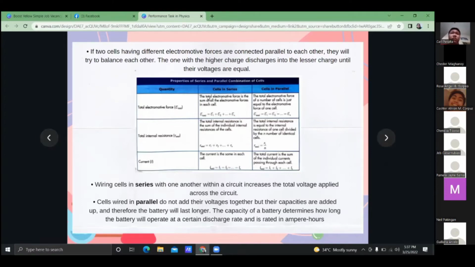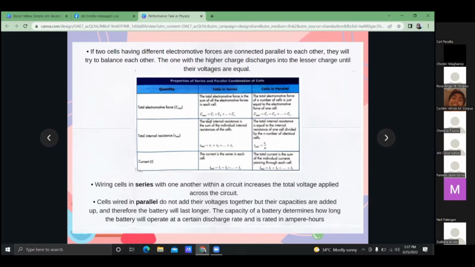So in the table, we have properties of series and parallel combination of cells. In the first column, we have the quantity, which is the total electromotive force, or E total, total internal resistance, or R total, and current, which is represented by I. If the cells are in series and we are looking for the total electromotive force, the total electromotive force is the sum of all the electromotive forces in each cell.